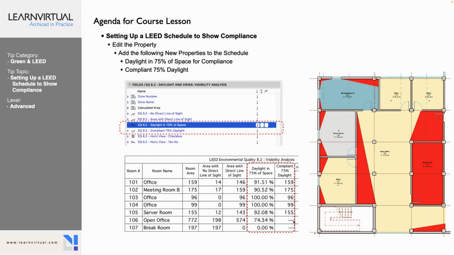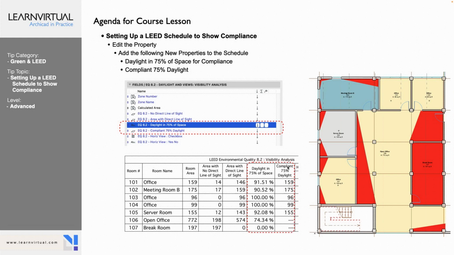If it does not meet that, it cannot use that square footage as part of the total. So you can see here, we're in open office space, and it's almost to 75%, but it's not. So it shows 0, or the dash, dash, dash here, which is what that basically means. Break room, of course, does not meet it at all, and also shows dash, dash, dash. So that's basically what that means.